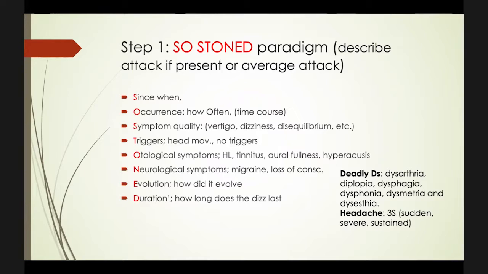We have to take care of the deadly Ds for neurological symptoms: diplopia, dysphagia, dysphonia, dysmetria, and dysesthesia. And for headache, the 3S: sudden, severe, and sustained headache. This is the red flag. Then E for evolution, how did it evolve? And D for the duration, how long does the disease last?